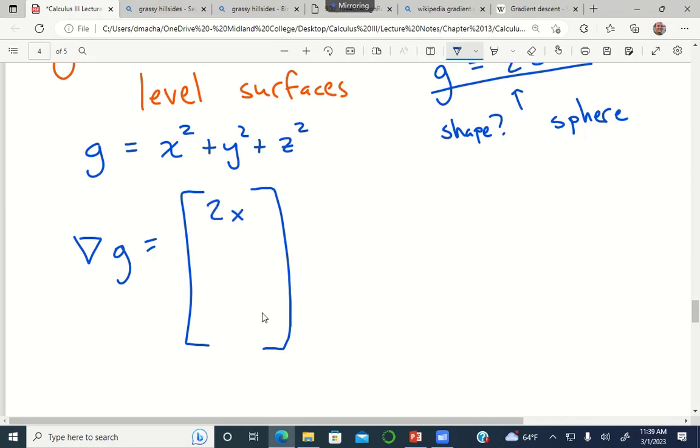And then the partial of g with respect to y is 2y, and then the partial with respect to z is 2z. So that means this vector is always going to be orthogonal to the level surfaces.